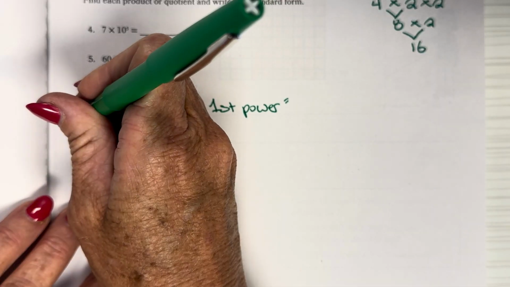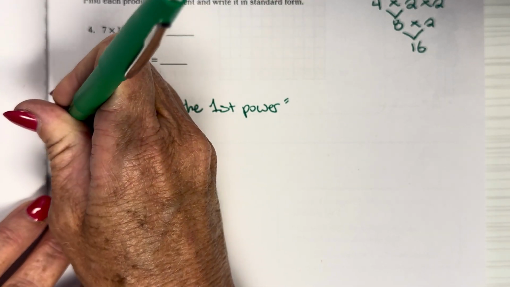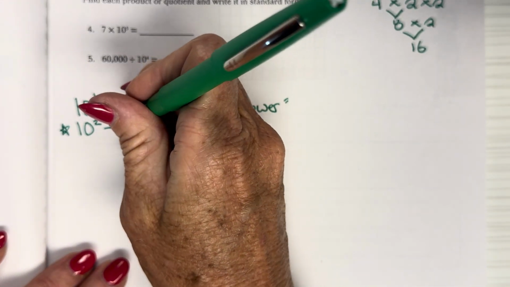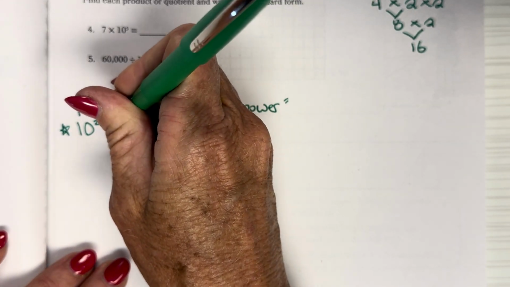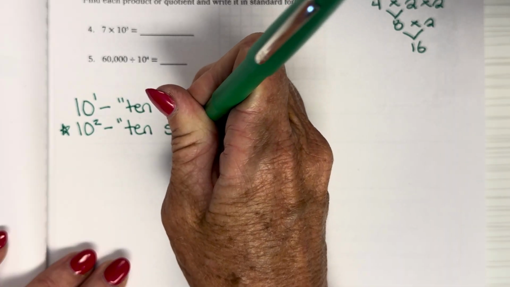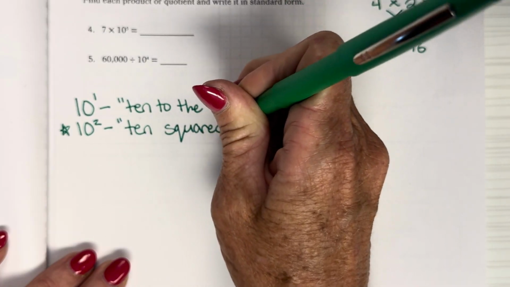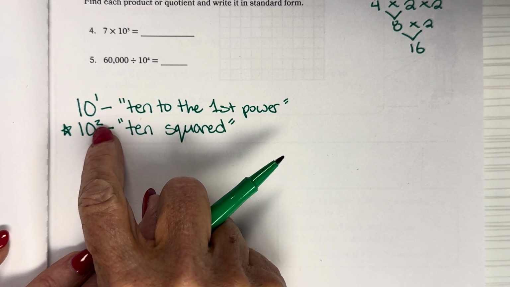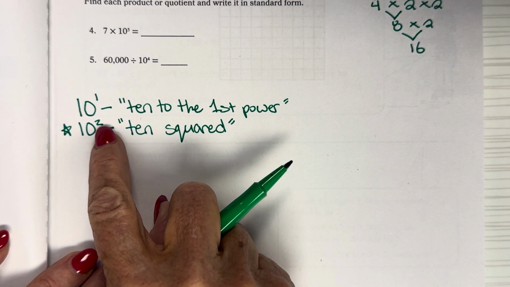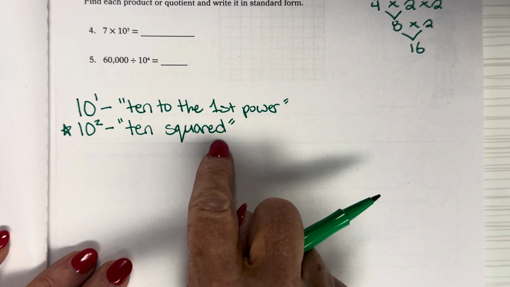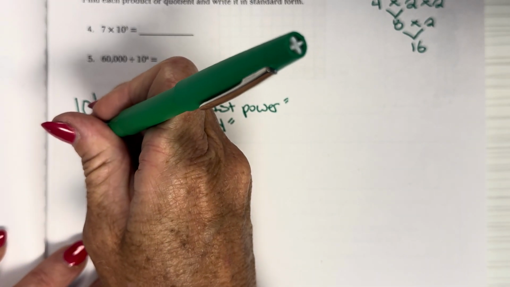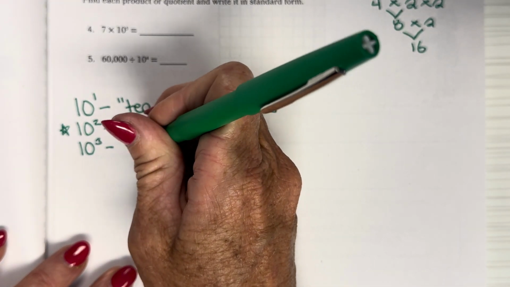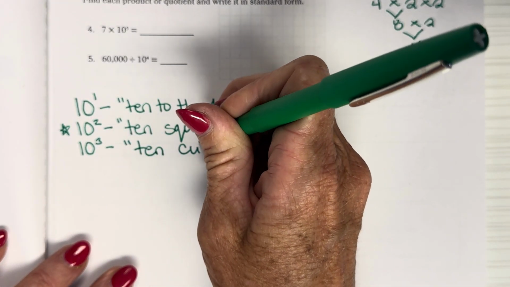If I had a 10 with an exponent 2, this one's said a little different. This one is said 10 squared. I like to think of a square as a two-dimensional shape. If I have a 10 with an exponent 3, I say this as 10 cubed.